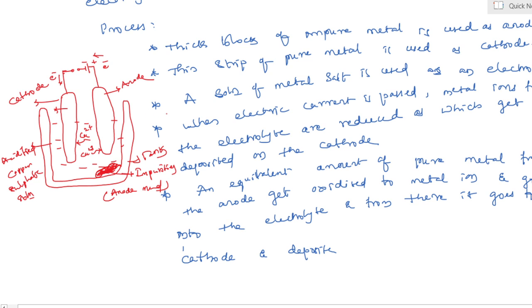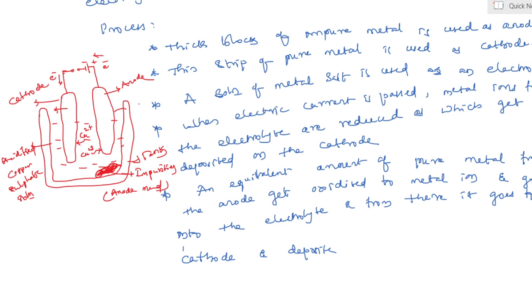Afterwards, an equivalent amount of pure metal from the anode gets oxidized to metal ion and goes into the electrolyte. From there it goes to the cathode and deposits.